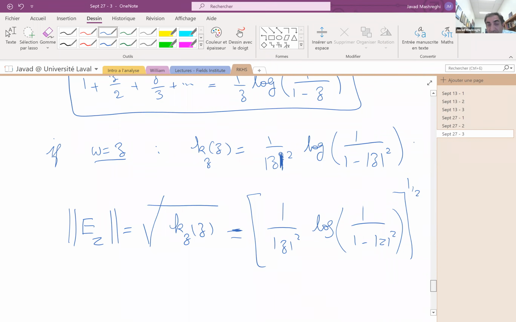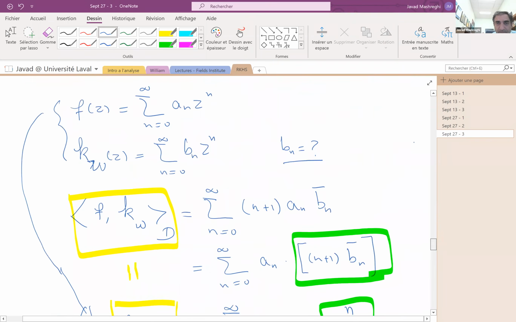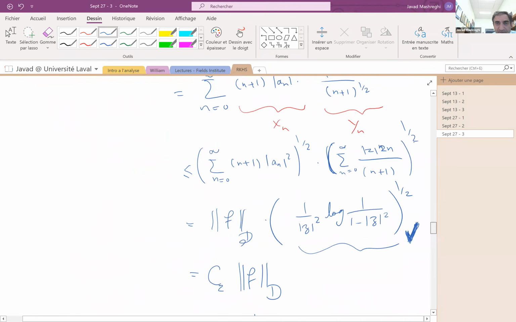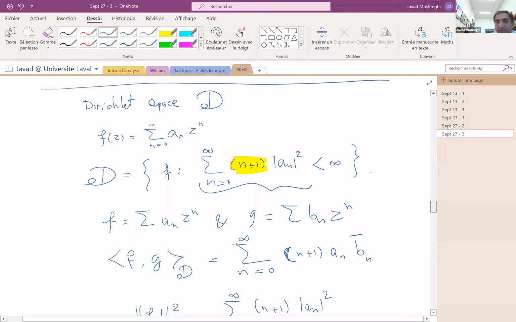I mentioned weighted Dirichlet spaces. The reason is this. Here, my definition is based on the coefficients. But there is a reason why I put n or n plus 1 here.